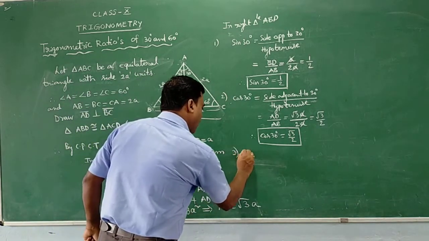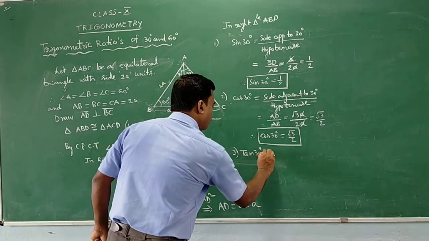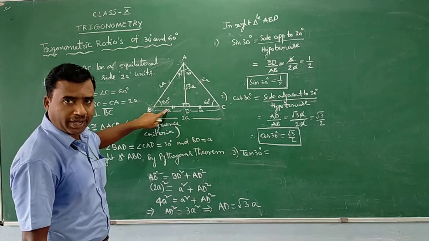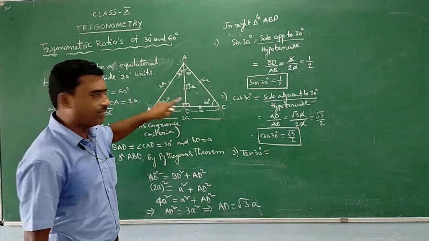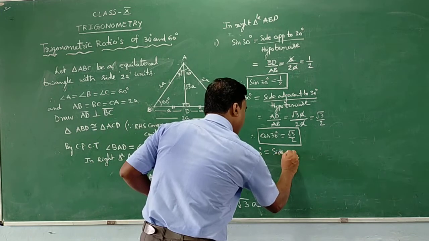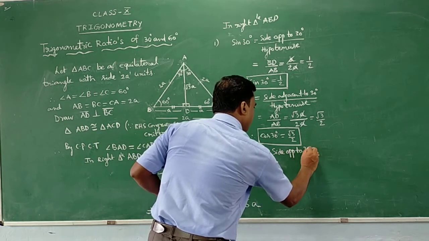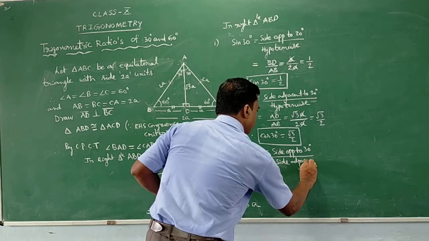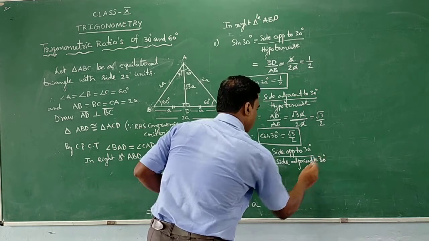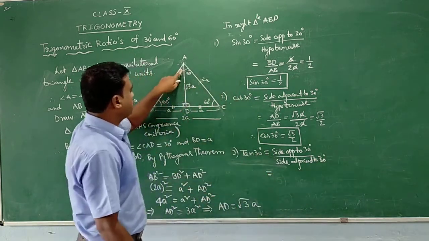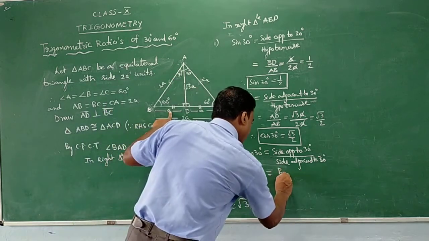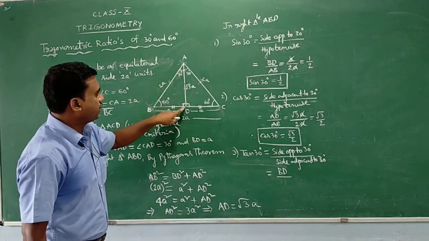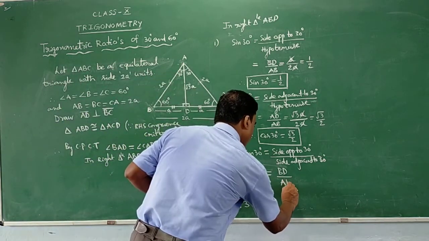Now the third one, tan 30 degrees is equal to side opposite to 30 degrees by side adjacent to 30 degrees. That is BD by AD.